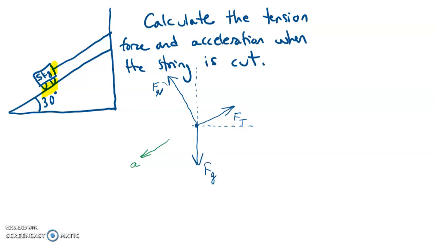So I'm going to use a little trick that you should always use. Not just with inclined plane problems, but with any problem. And that trick is you can tilt your axis, and you always want to tilt your axis so that acceleration is parallel to one of the directions. So I'm going to tilt it like this.